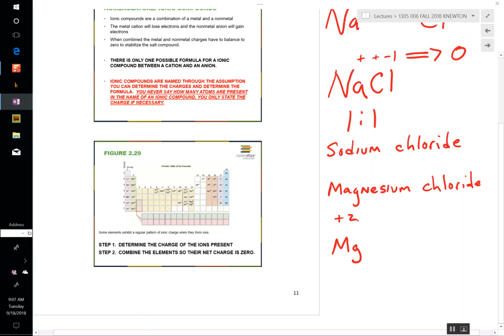Chloride doesn't decide to receive 2 electrons because it's reacting with magnesium. It only wants 1 electron. Follow me? It doesn't change that desire just because now it's reacting with magnesium. It shows a -1 charge.